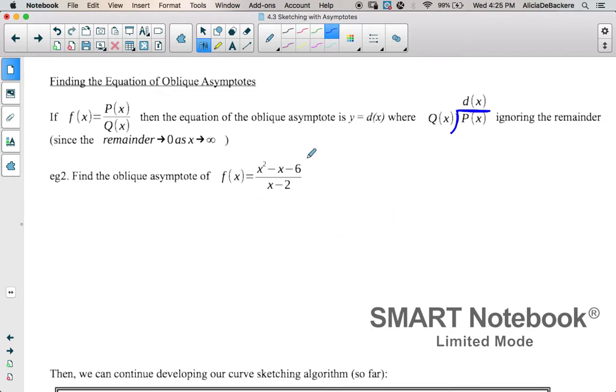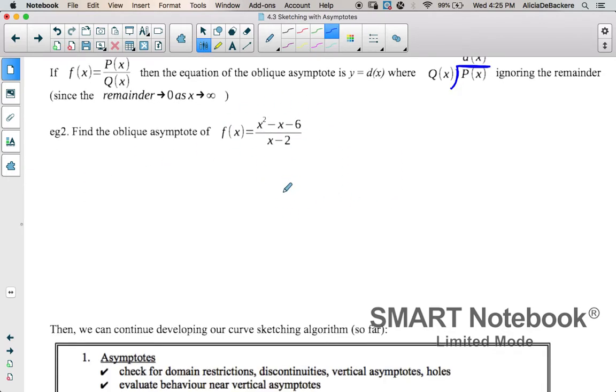I'll write that out as a statement for this example so that it makes more sense. So we're going to find the oblique asymptote here. For this one, I'm going to use long division. Again, synthetic is fine. If you don't remember it and you prefer it, then you should find a video online reminding you how to do that. With long division, I look at the first term and the first term, and I ask myself, what do I need to multiply x by to get x squared?